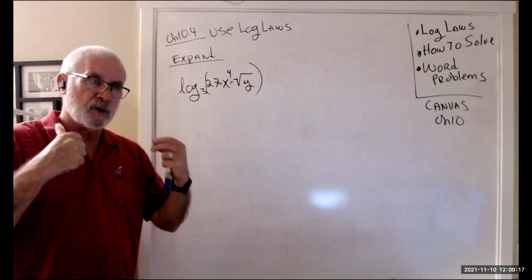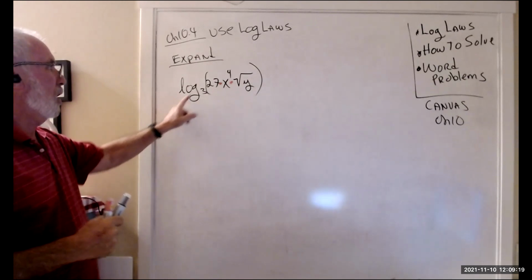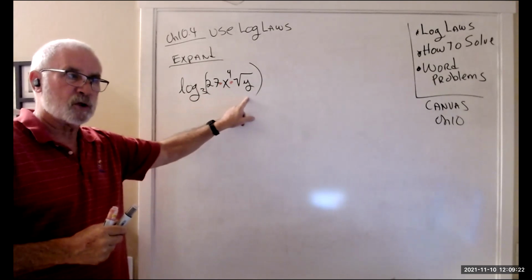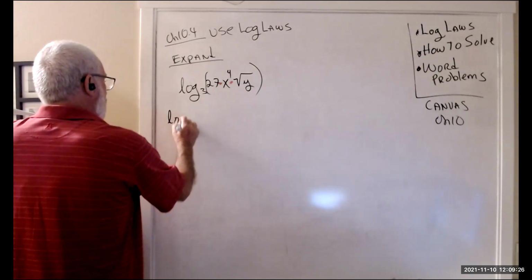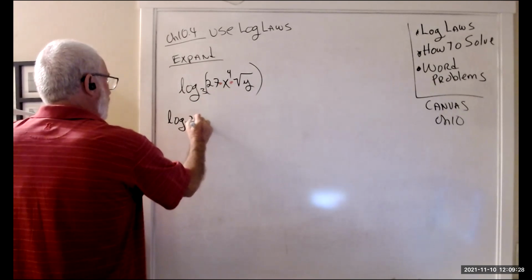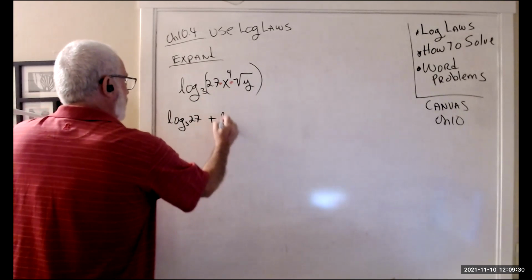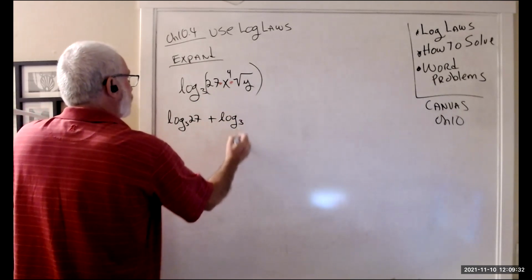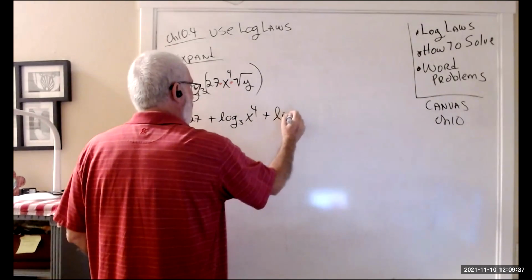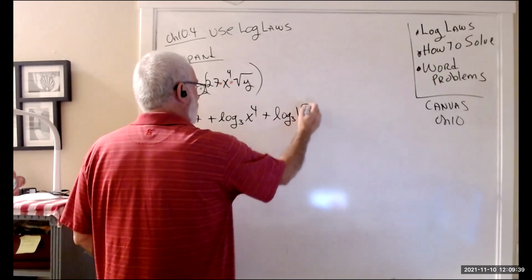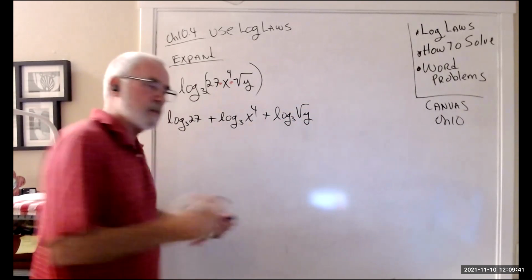It said the log of a bunch of things multiplying can be separated into the log base 3 of 27 added with the log base 3 of x to the 4th added with the log base 3 of the square root of y. That would be a first step.